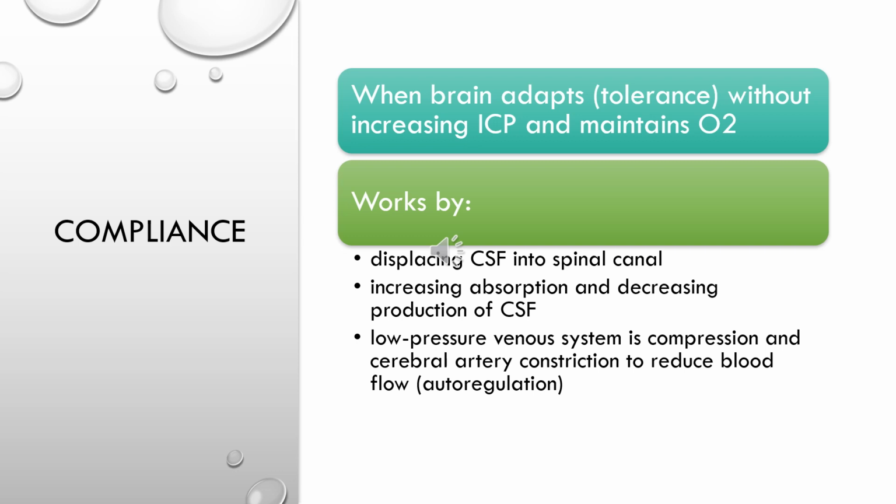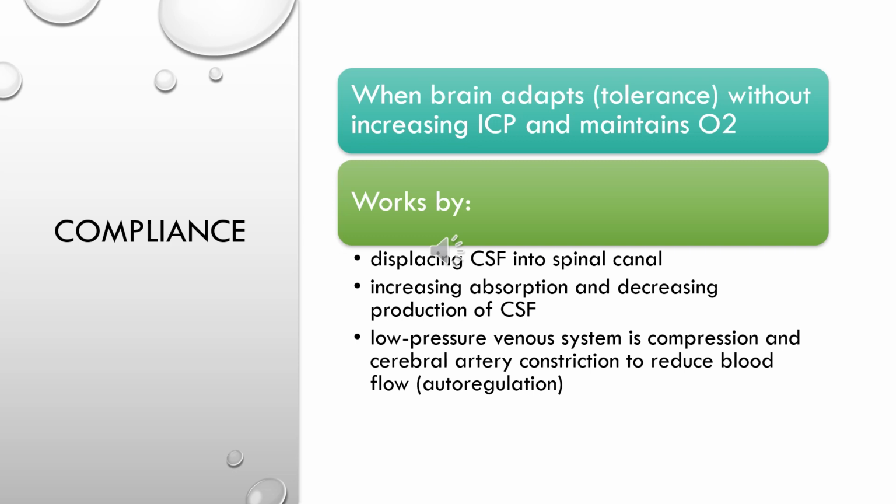Okay, so looking at these compensatory mechanisms, compliance. This is when the brain adapts or becomes tolerant without increasing ICP, and it maintains its O2. So the brain is able to regulate itself, or it adapts itself without increasing its pressure, and it maintains oxygenation. So those cells are still getting perfused the way we want them to.